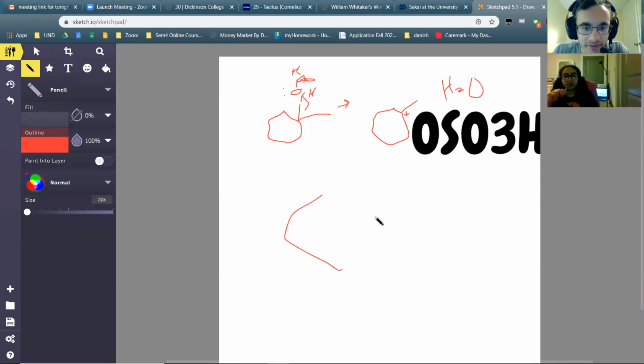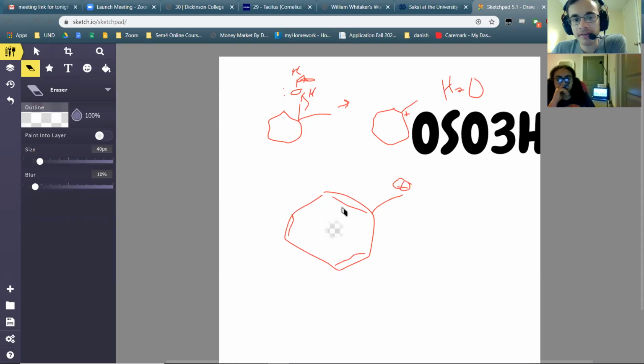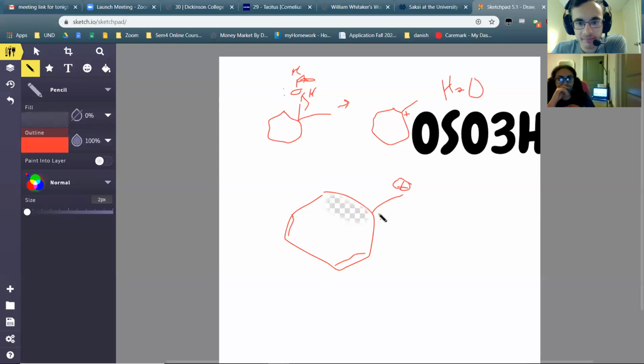All right. So you have this, right? I'm just going to abbreviate it by putting the positive charge here instead of drawing out the whole thing. So we had this bond, and this bond. You agree with me so far, right? The bond is just a collection of two electrons. What is stopping me from getting rid of that bond and just moving it over here?